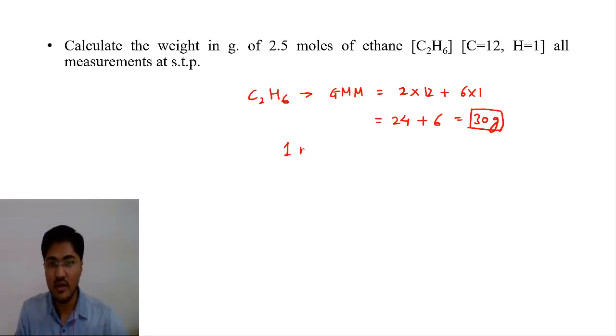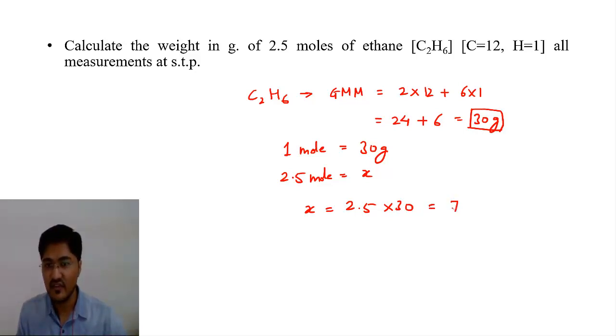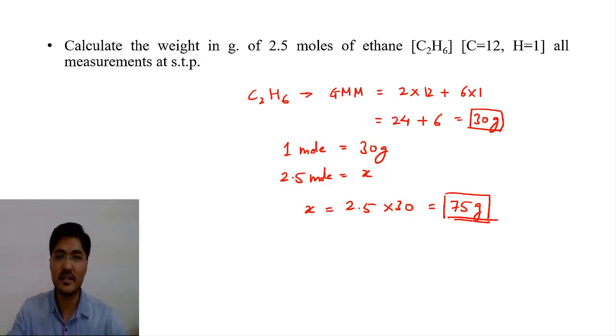Now we know that 1 mole will contain 30 grams. So 2.5 moles will contain how many grams? So X equals 2.5 into 30, which comes down to 75 grams. And that's your final answer. Now let's look at the next question.